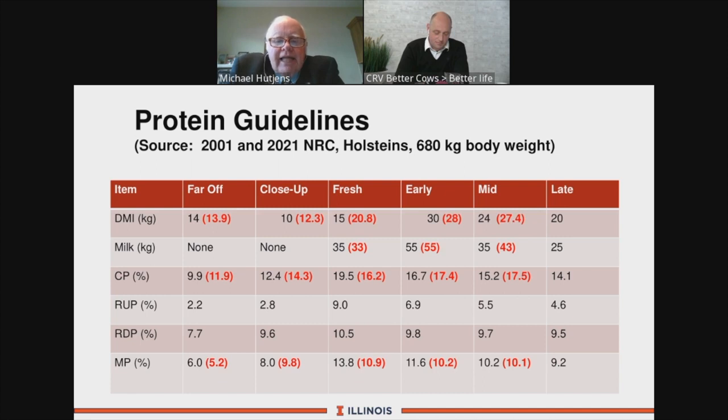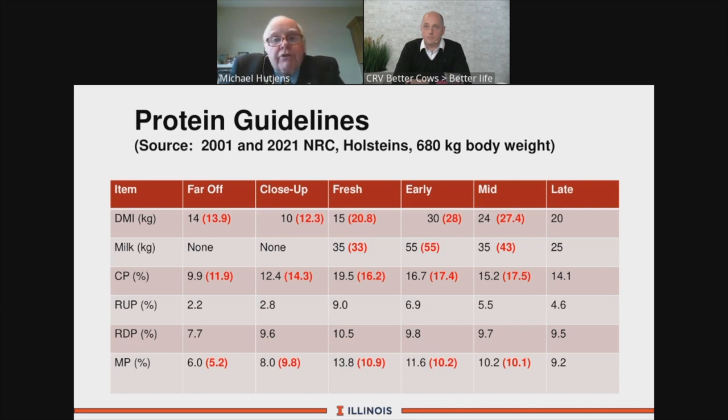But my third take-home point: notice, look at the close-up dry cow. If you multiply those two numbers together, you get 1,200 grams of metabolizable protein. And that's the number we're kind of targeting right now for our dry cows. But you get there only if the dry matter intake is 12.3 kilos and you're at basically 10% metabolizable protein.